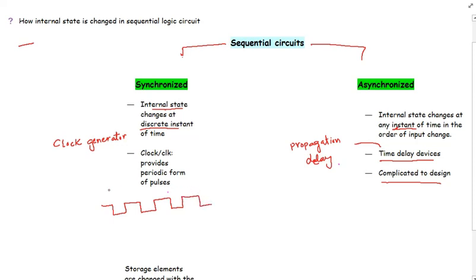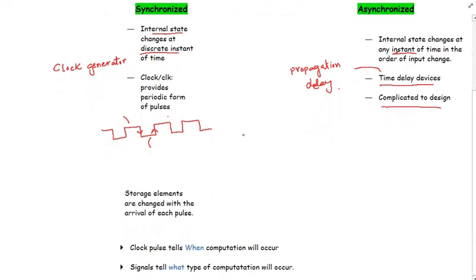This waveform has certain properties, such as signal high levels and signal low levels. It has edges, such as the signal changing from high to low and from low to high. Storage elements basically change their state on the arrival of each pulse. And based on it, we have two types of storage elements. One is latches and another one is flip-flops.